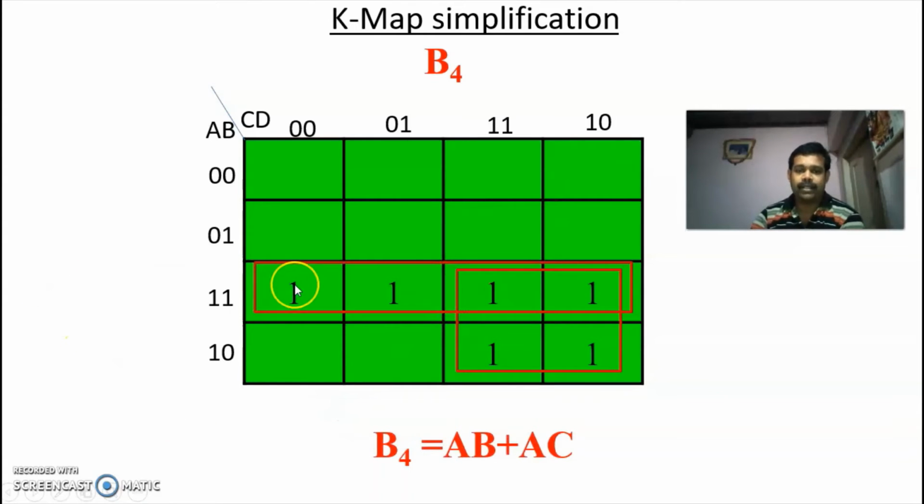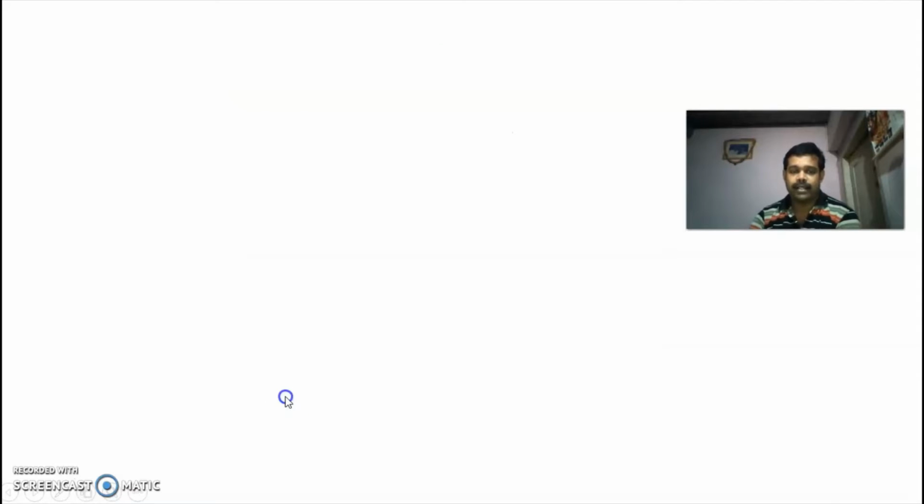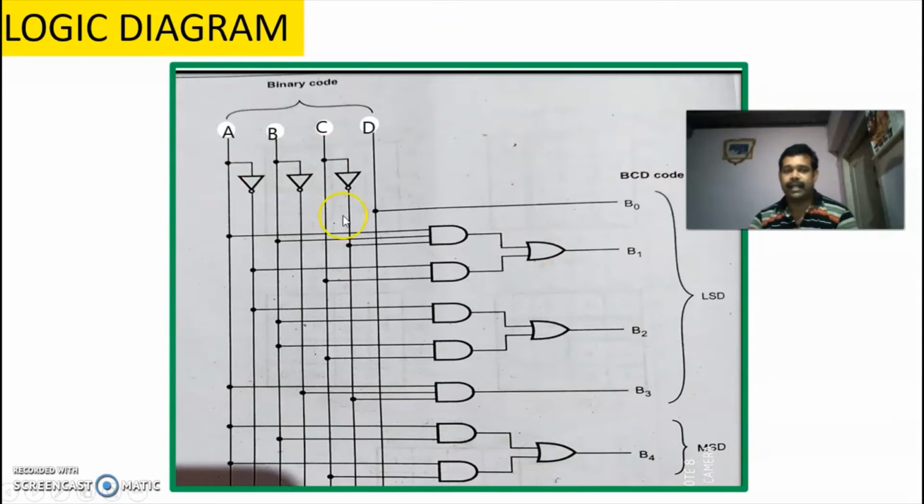This is A B. And for this one is A C. Then we go for the logic diagram. From the given expressions of A, B, C and D, we draw this logic diagram. A, B, C, D are the inputs, and B0, B1, B2, B3, B4 are the outputs. So we have drawn the logic diagram.